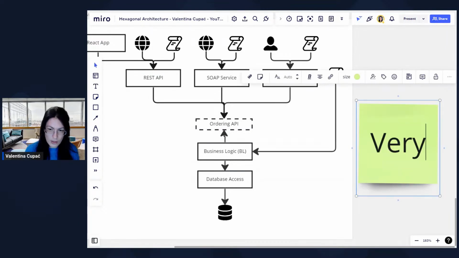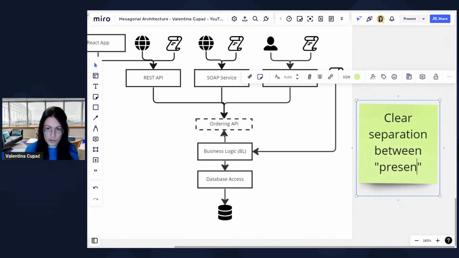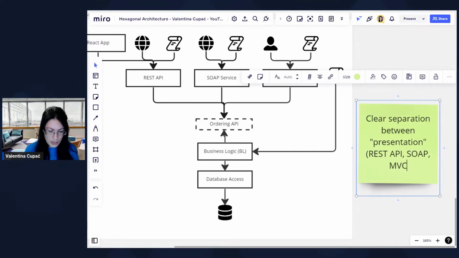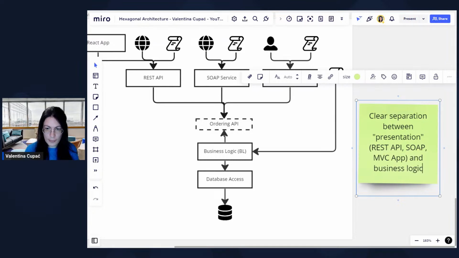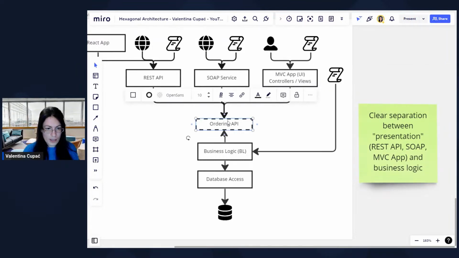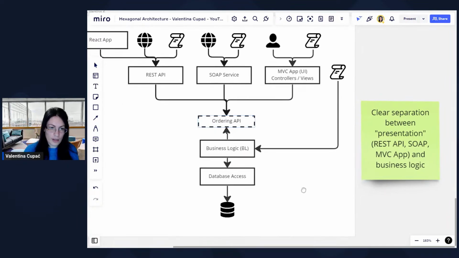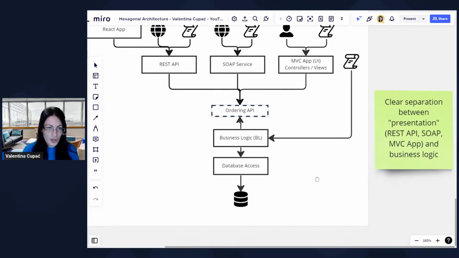So I would say clear separation between the presentation, like REST API, MVC app, and business logic. And it's separated due to the API. Okay, great. So we've already made an achievement, and let's look at some other comments.